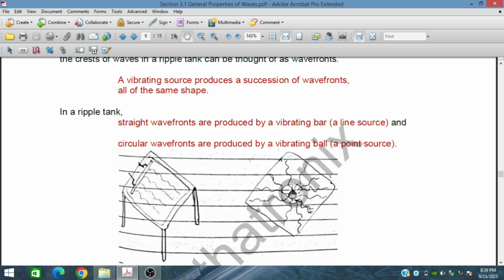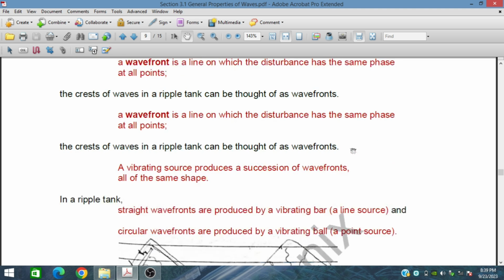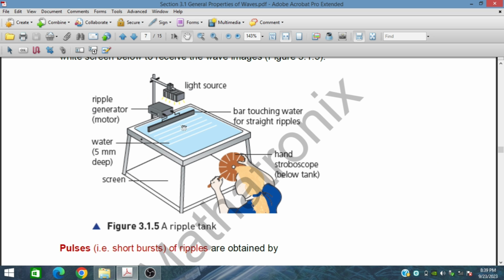Suppose we have a ball or a bar. If we use this bar, we can produce straight line wavefronts. By using this, we produce circular wavefronts. At every crest we have this circular shape. So all the crests have been shown.